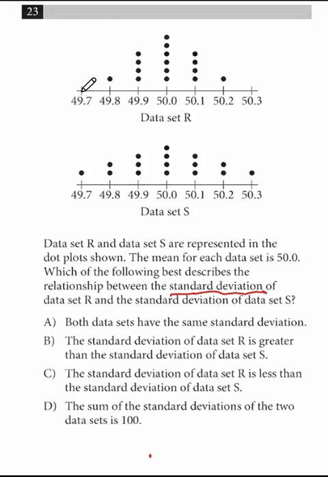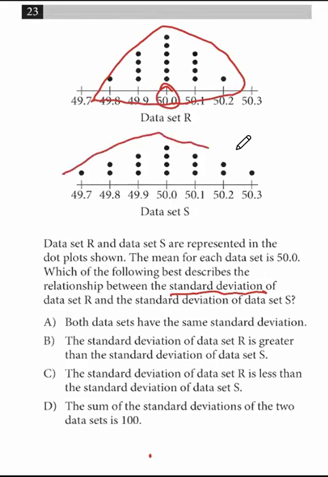In this case, dataset R has most of its data points closer to the mean of 50, whereas dataset S has its values more spread out. It goes further down and further up. So dataset S's standard deviation will be higher.